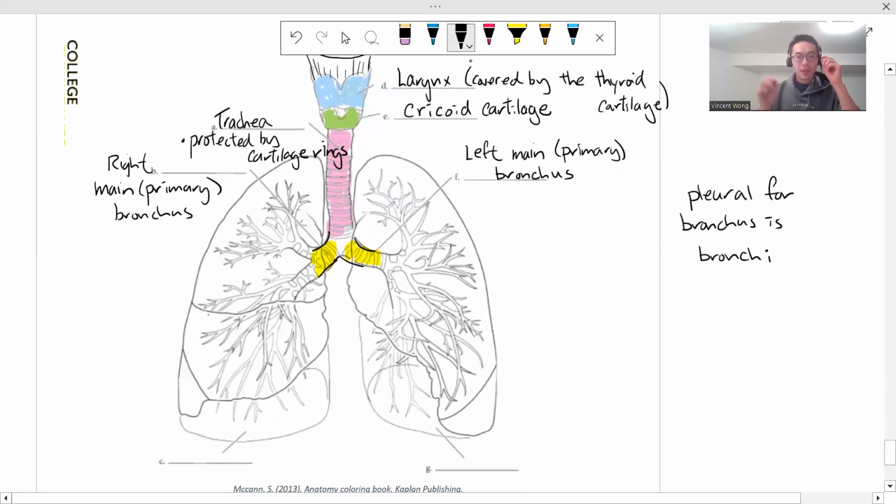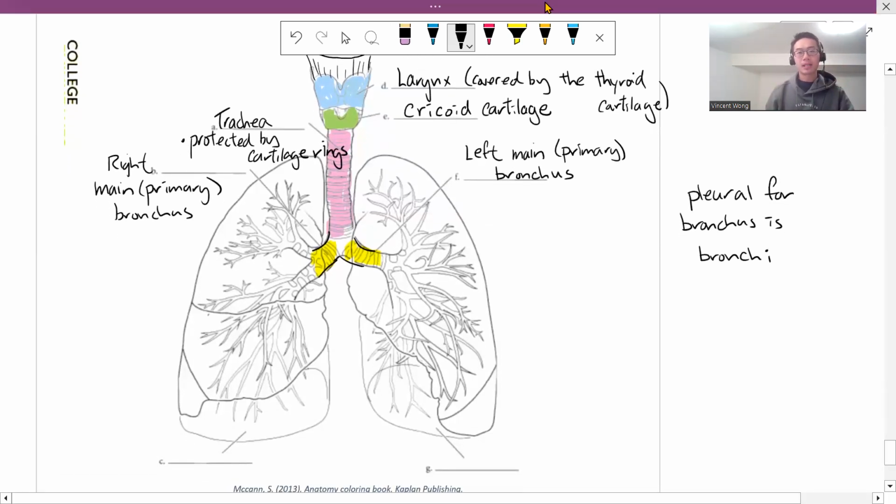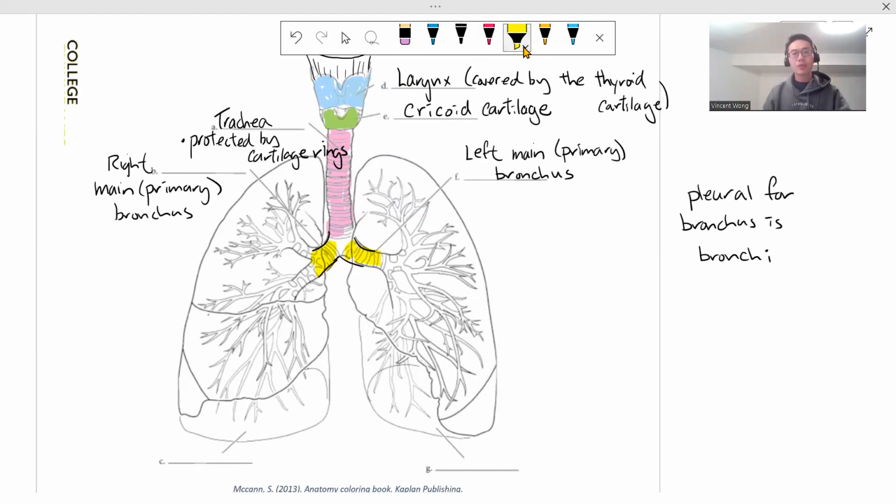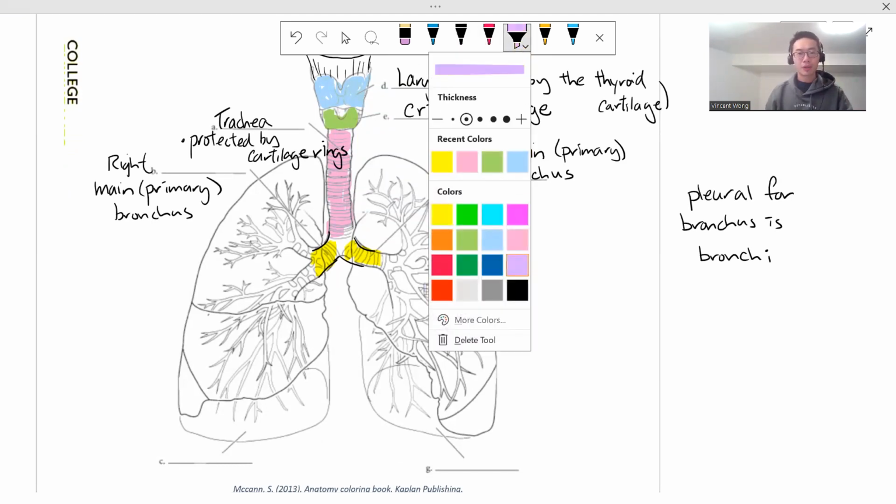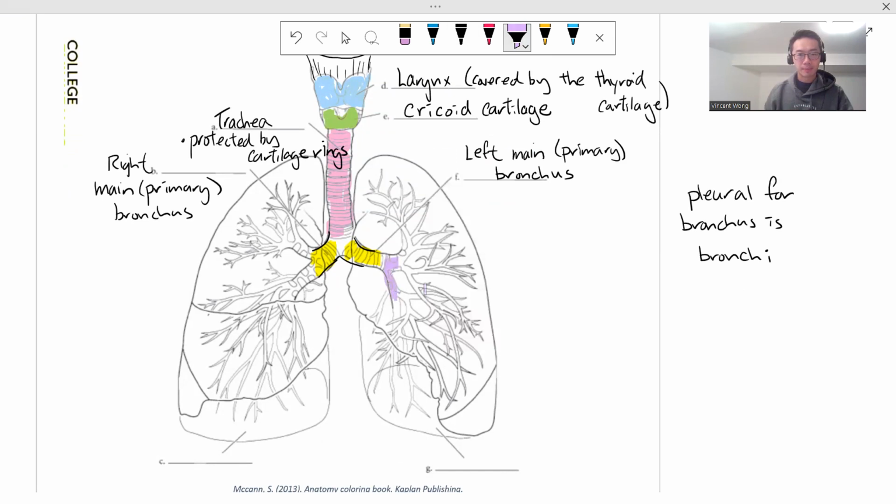All right. The primary bronchus will continue to branch. It will further split. So then here, you can probably guess this is going to be the secondary bronchus.